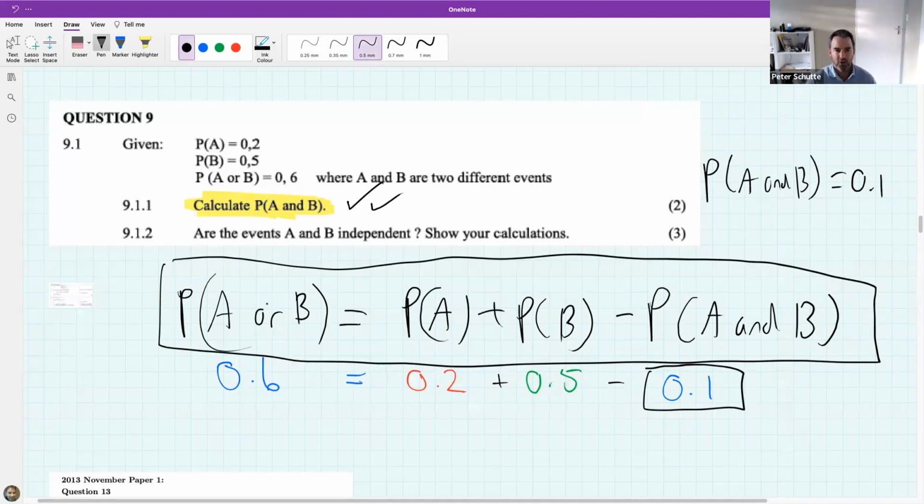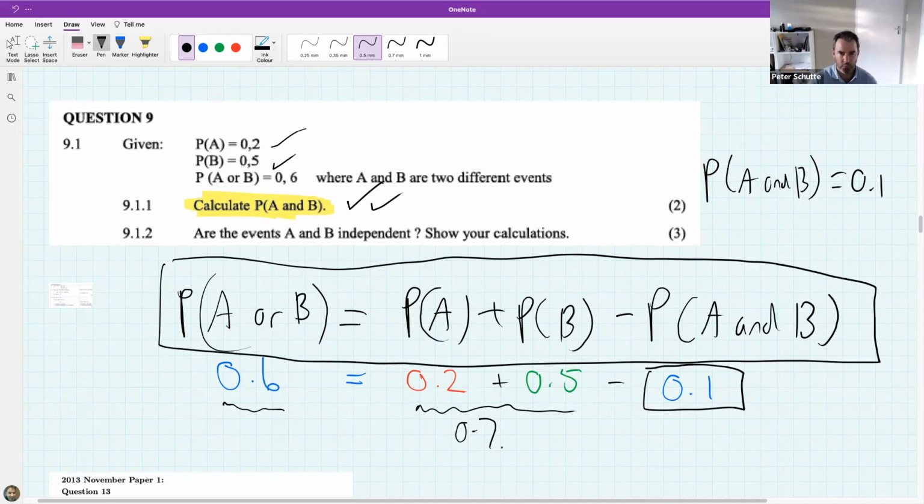Okay, so the thing that is important is there's something called the additive identity, which says that for any two different events, this statement is going to be true: P of A plus P of B minus P of A and B. Now, they told me A or B is 0.6, right? So I just simply plug that in. I then know P of A is 0.2 and P of B is 0.5. That's given to me. Now, together, we have a problem.